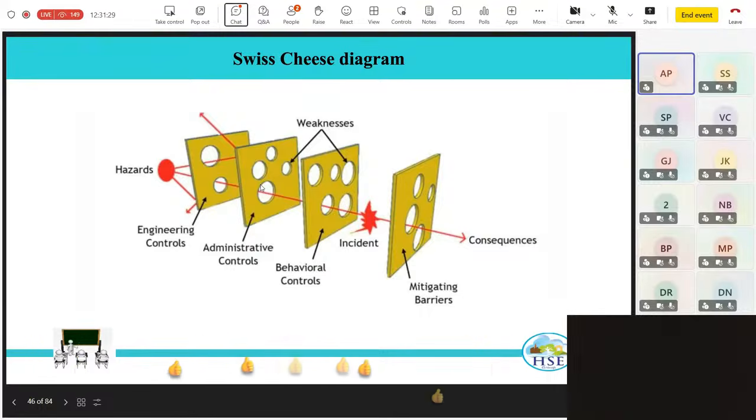If for some reason all these holes are aligned, what will happen? The hazard will become a consequence. So these are various layers, and these layers are things like engineering controls, administrative controls, behavior controls, and mitigation barriers. The holes are nothing but weaknesses. If the hazard passes through all these weaknesses, then the consequence is going to happen, obviously.